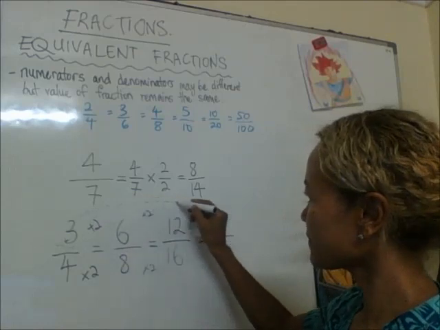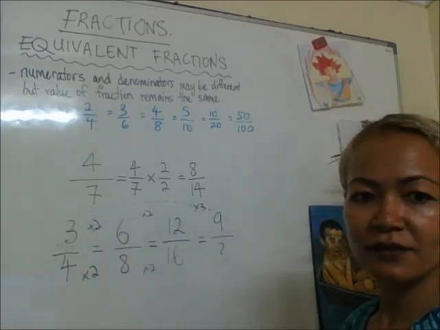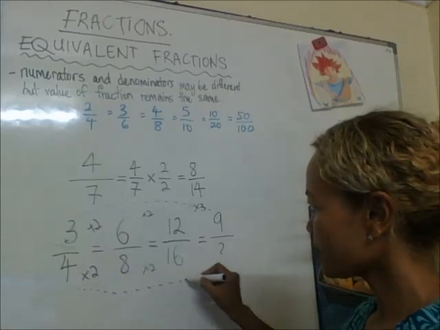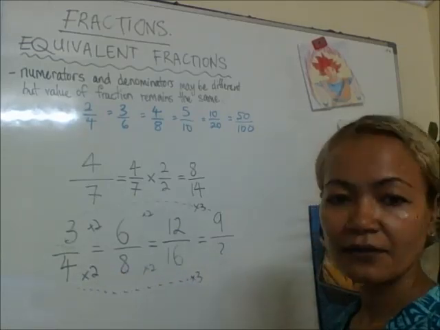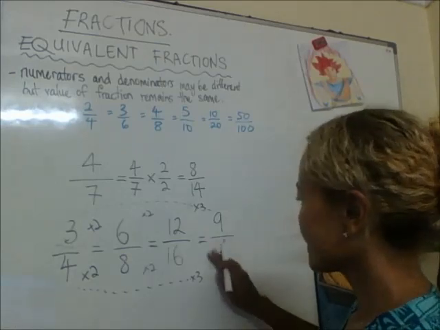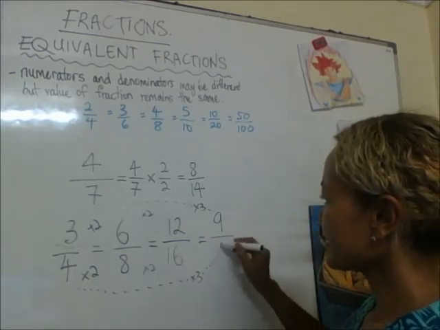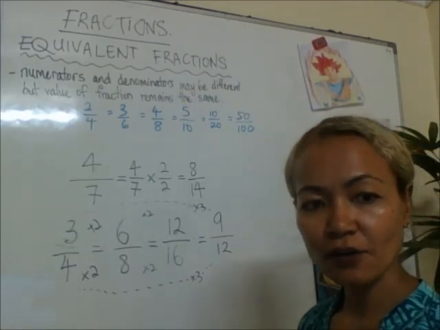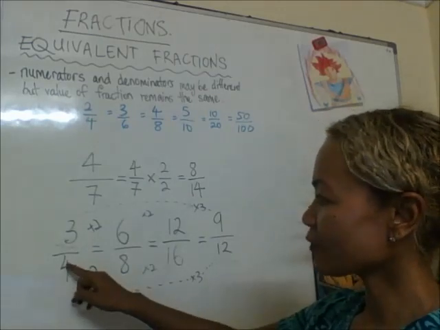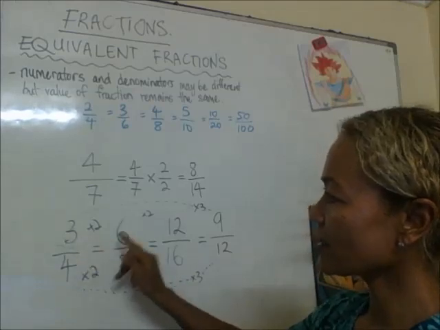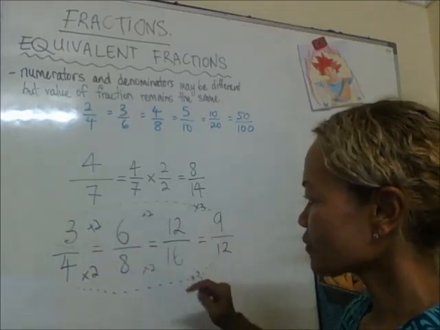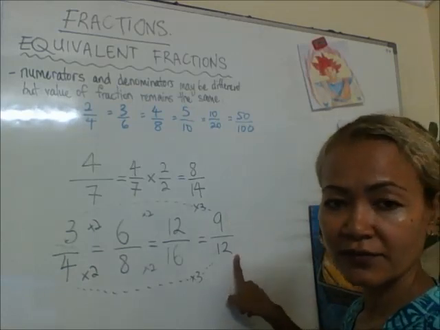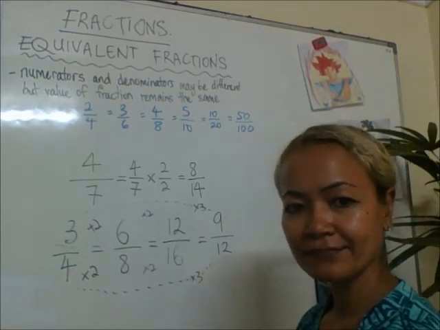If I'm going from there, times 3 is equal to 9. Then I'm going to go from the 4, times 3, 4 threes are 12. And that will be my denominator. So 9 over 12. So all of these are equivalent fractions. 3 over 4, 6 over 8, 12 over 16, 9 over 12.